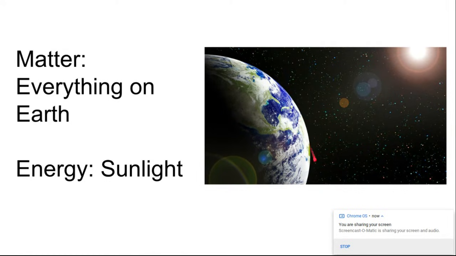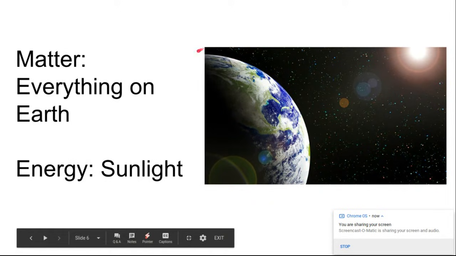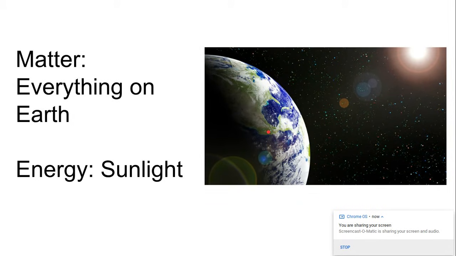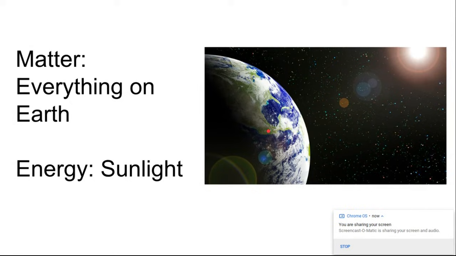The gravity that holds our atmosphere in is so powerful that it doesn't allow extra gas molecules to float off into space. So it means that all of the matter on Earth stays on Earth. But there's a problem, right?